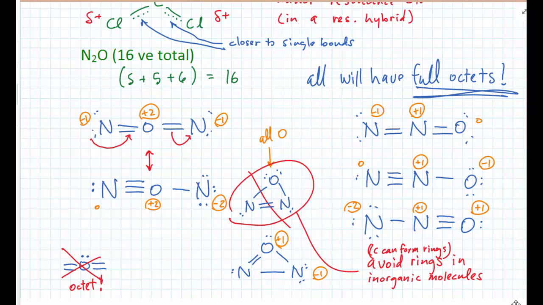Okay? So that can pretty much eliminate any of those that have 3 formal charges, correct? So that first one, this last one, three. Okay. And then we're left with a couple that have 2 charges, okay? +2, -2, +1, -1, +1, -1.